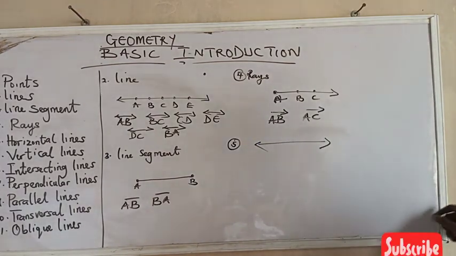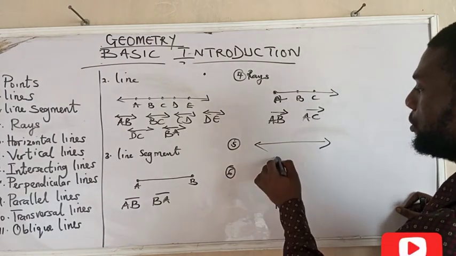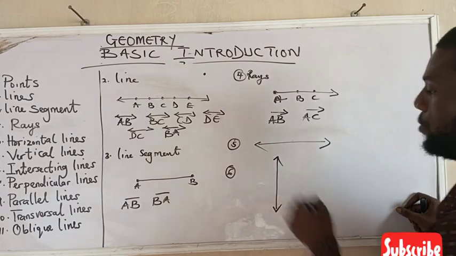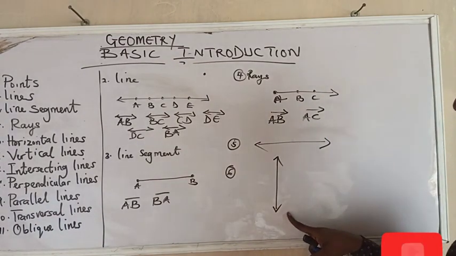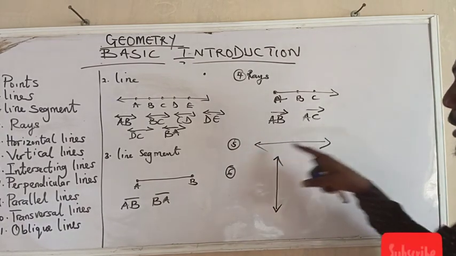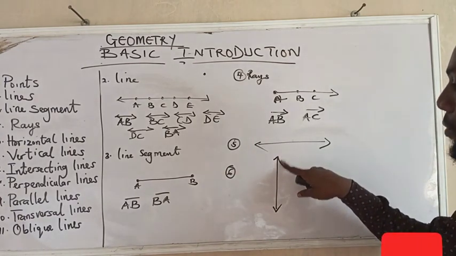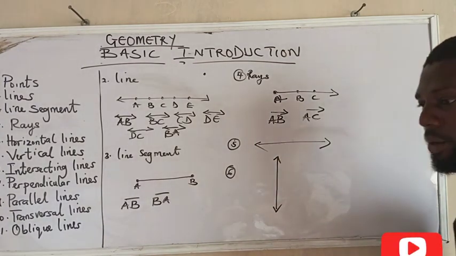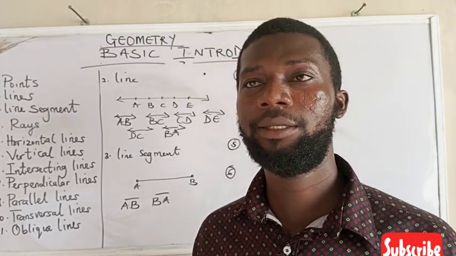Then a vertical line runs from up to down, or you can say from north to south. A horizontal line runs from west to east, while vertical lines run from north to south. As I am now, let's assume I'm a line.